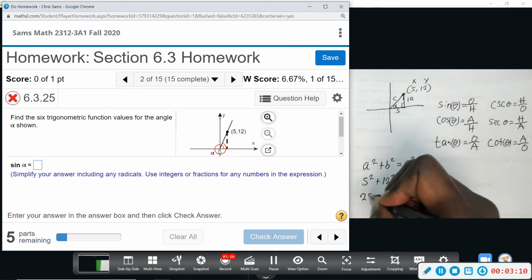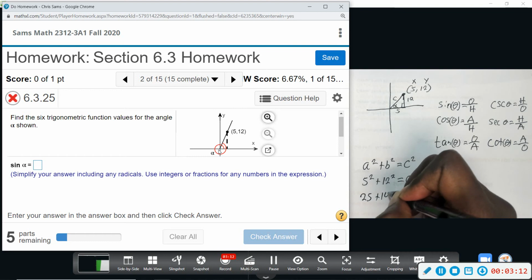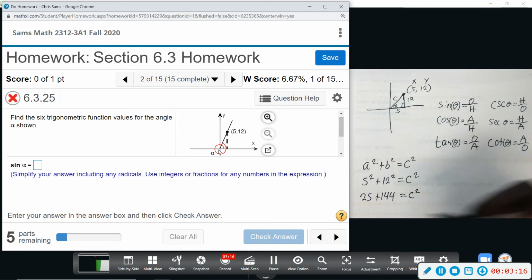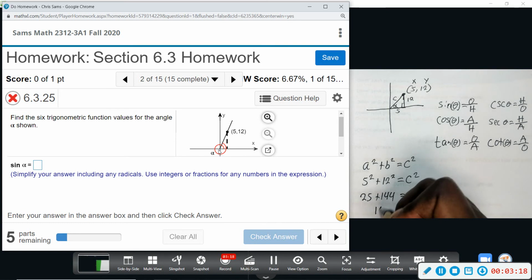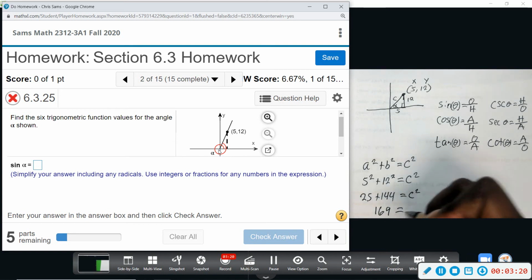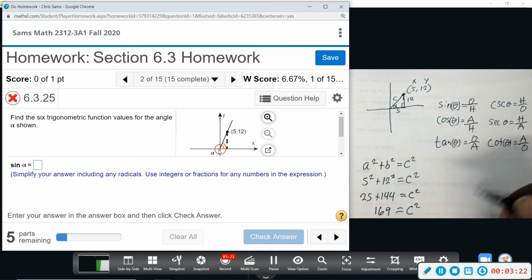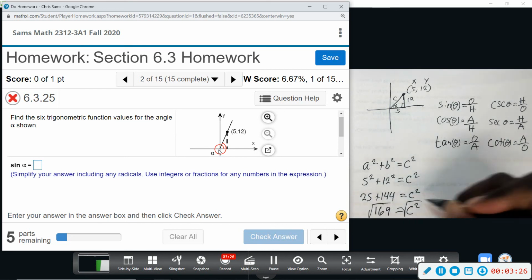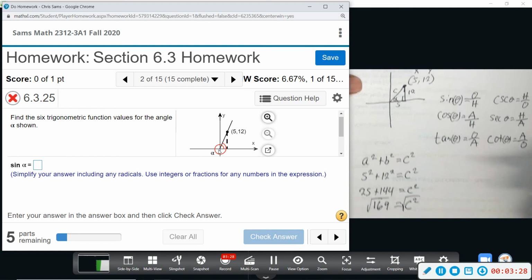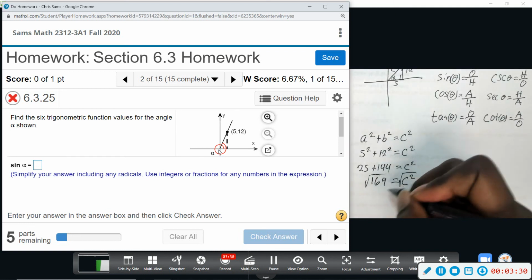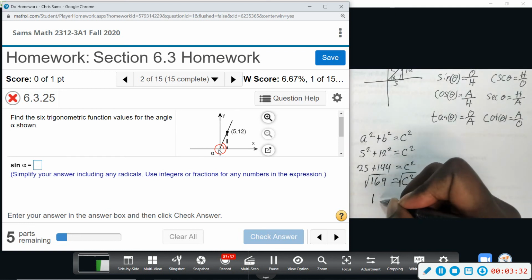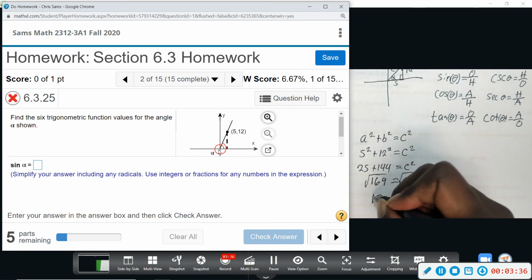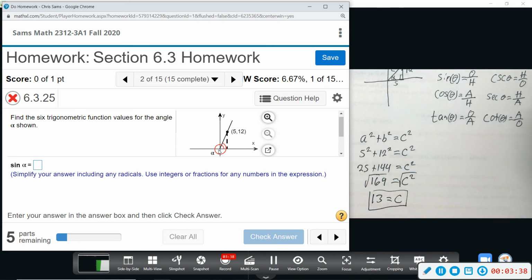That gives us 25 plus 144 equals c squared, so 169 equals c squared. If you square root both sides to get c by itself, the square root of 169 is 13. So the missing side is 13.